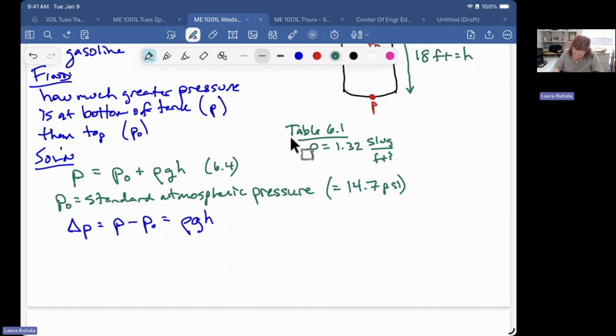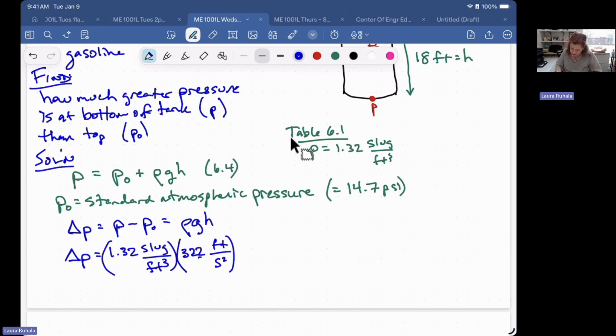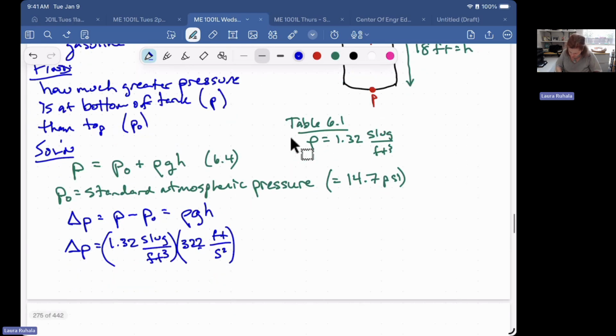Okay, so going back to my equation, delta P is equal to rho, so that's my 1.32 slug per cubic foot, times gravity, my 32.2 feet per second squared, times the height. Well, the height is 18 feet.